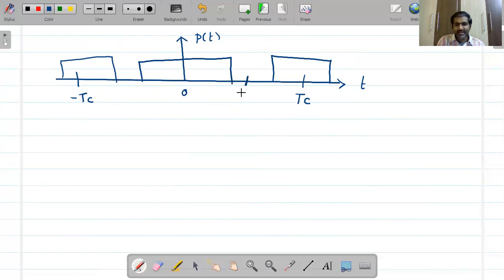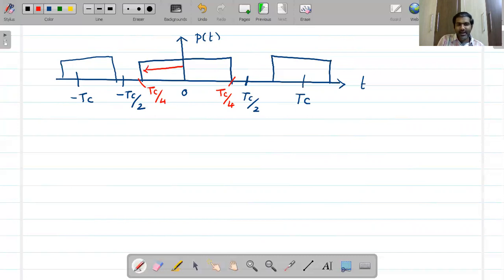This will be Tc by 2, correct? Then this will be minus Tc by 2. If this is Tc by 2, then this will be Tc by 4, and this will be Tc by 4. The curve should be symmetric, but my drawing doesn't appear so. Sorry for that.